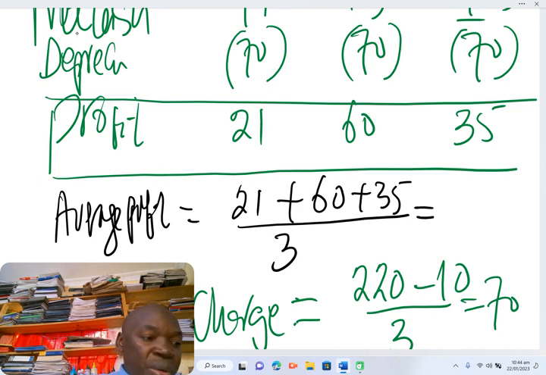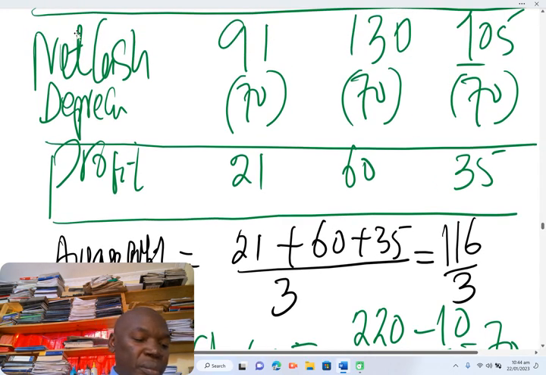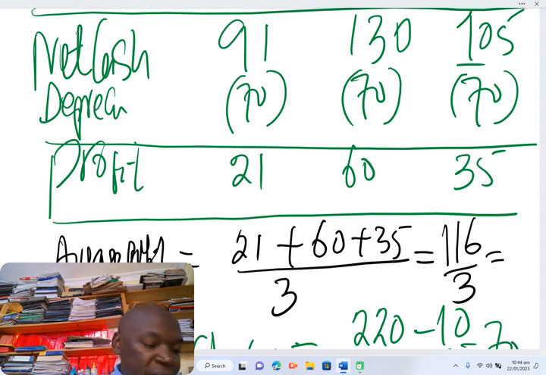I repeat, 21 plus 60 plus 35 is 116, divided by 3. This average is 38.6. 38.6 so far.